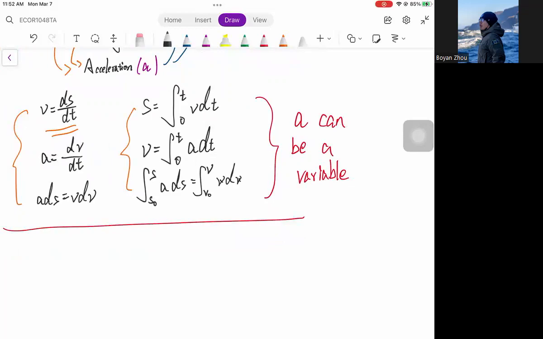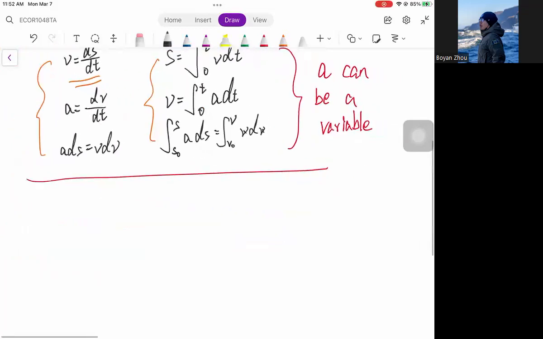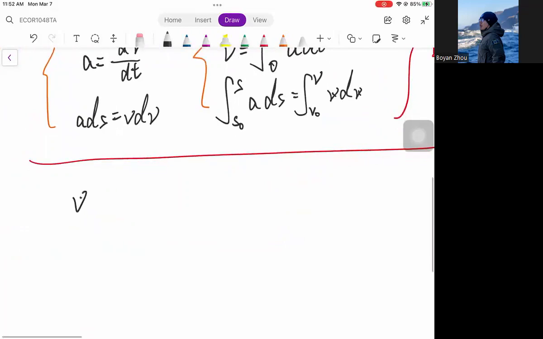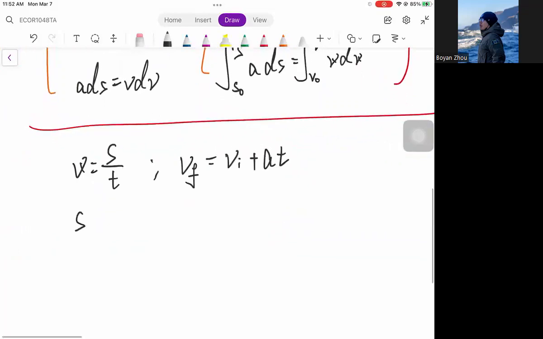But if you remember, in high school we learned some dynamics equations as well. Velocity is equal to displacement over time. The final velocity is equal to the initial velocity plus the acceleration times time. The displacement is equal to the initial velocity times time plus half acceleration times time to the power of 2.